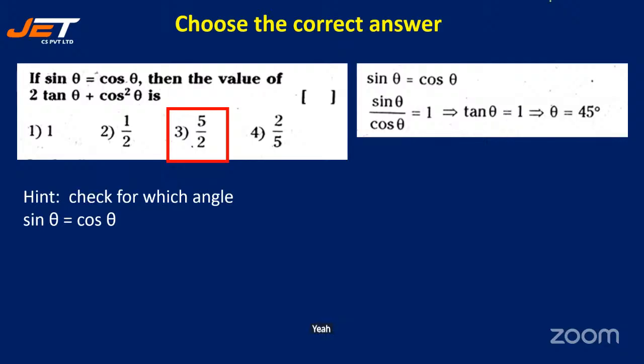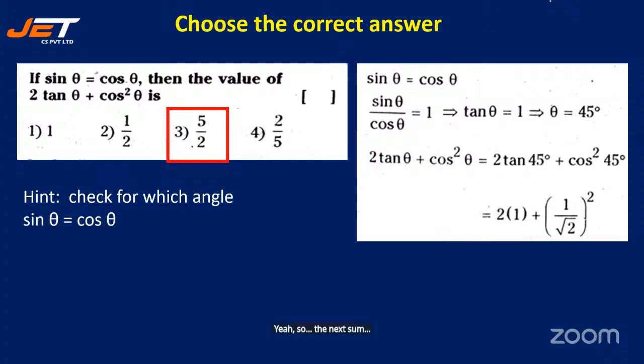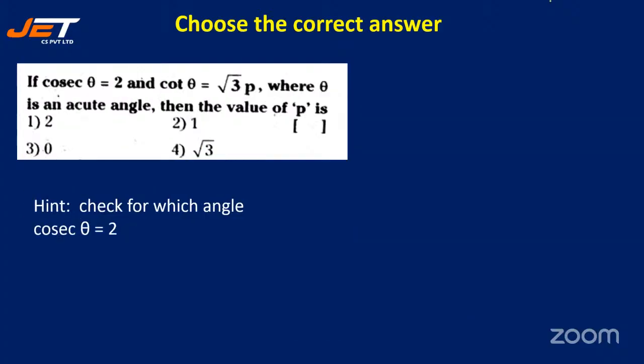Yeah, so the next sum. If cosecant theta is 2, cot theta is root 3p, where theta is an acute angle, then the value of p is dash.